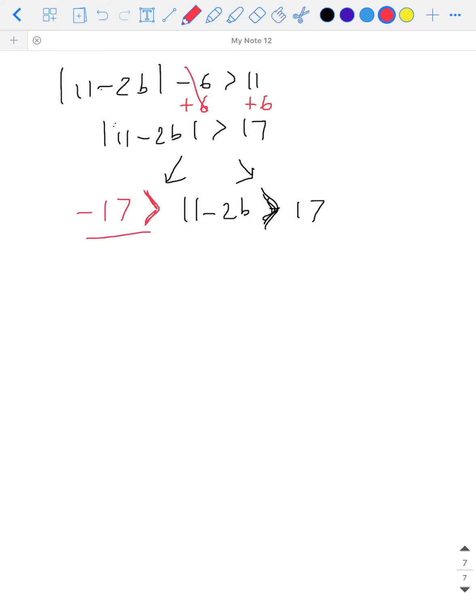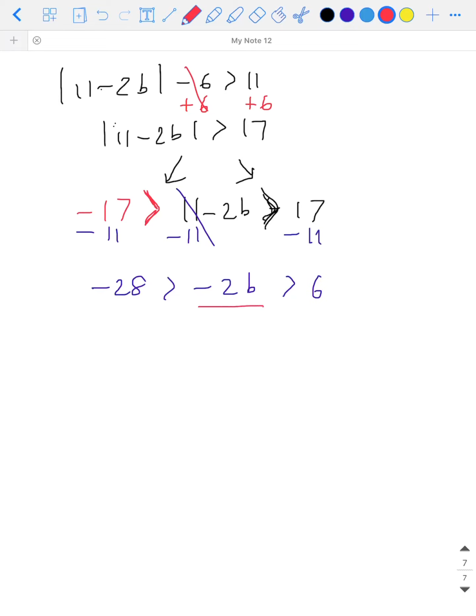So we have the negative side and we have the positive side. From here, it's just regular computation, so I'm going to subtract 11 to both sides. Negative 17 minus 11, that's negative 28. So negative 2b. 17 minus 11 is 6.